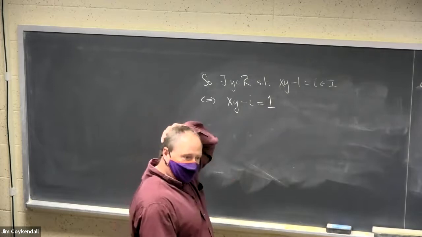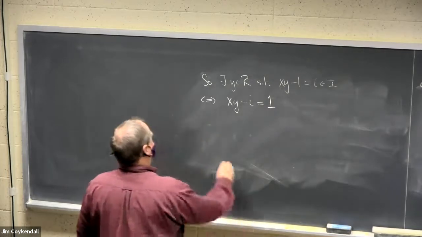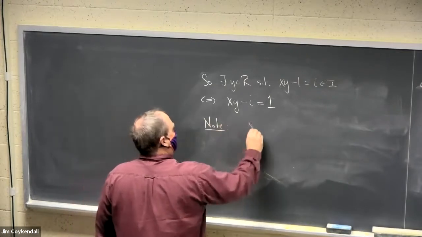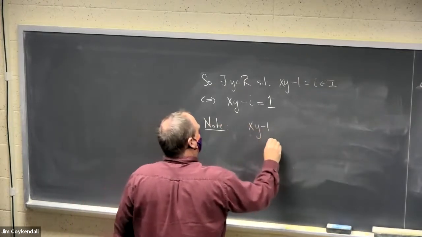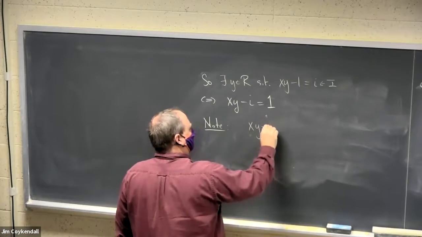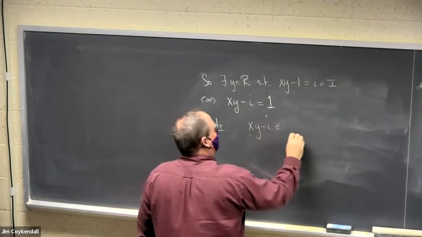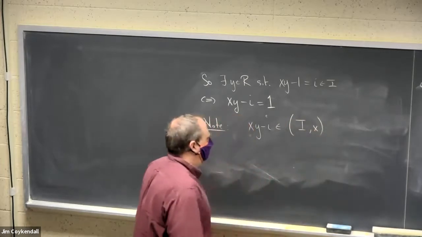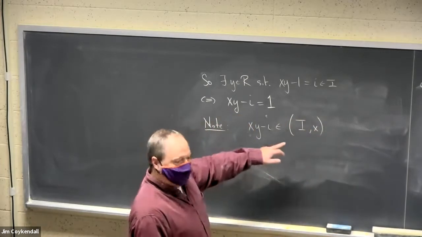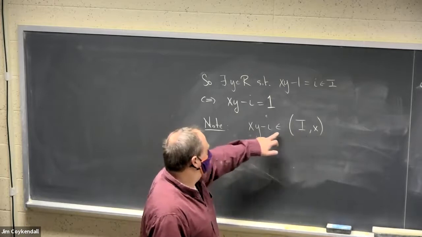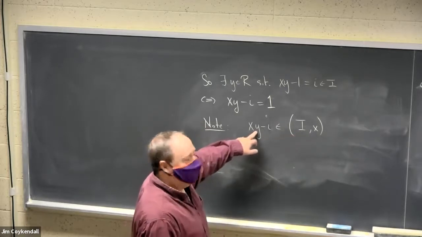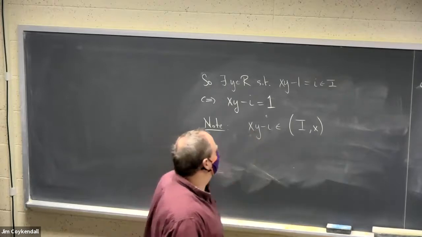Now, how does that help us? Note that xy minus i is in the ideal generated by I and x, because i is in I, and x times y is in the ideal generated by x because it's a multiple.